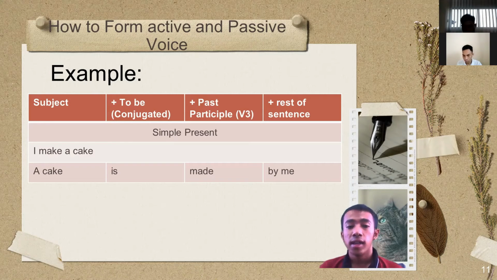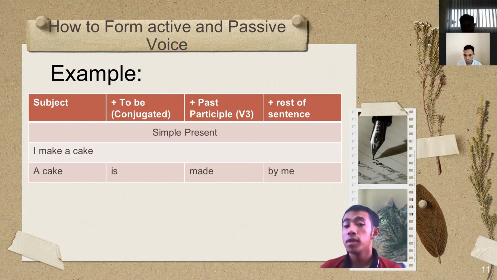Of course, the subject changes, from I to a cake. In the active voice, the object becomes the subject in the passive voice: a cake is made by me. Is is the to be in the simple present. Made is the past participle, or verb 3.